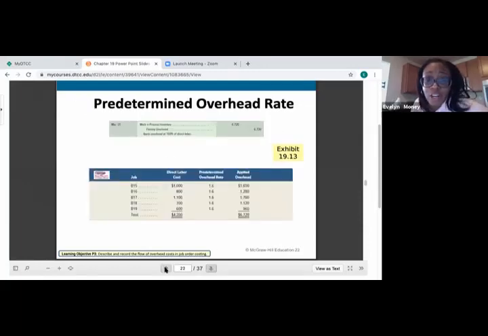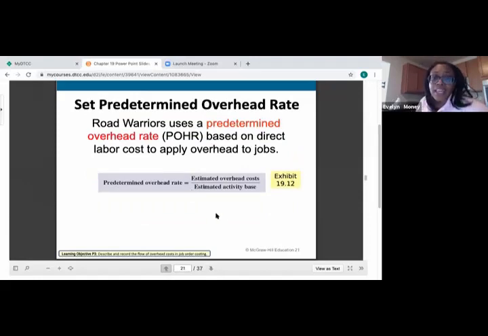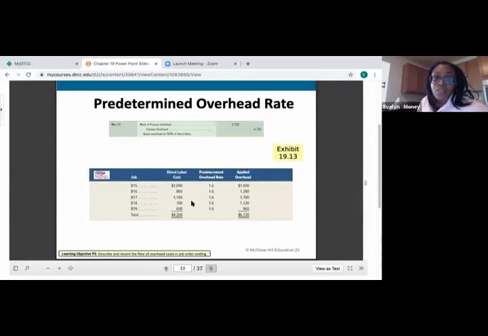All right, so in terms of overhead, the rate has been calculated for us. So assuming there is a certain amount of estimated overhead costs and there was an estimated activity base of direct labor costs, the numbers aren't explicitly shown here, but when we do the calculation, we determine that overhead is 160% of direct labor.